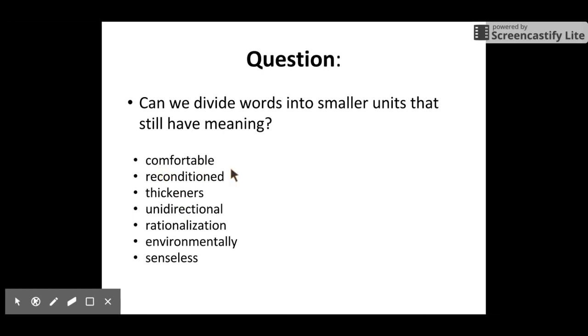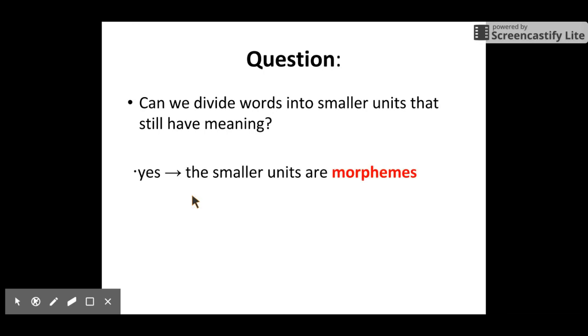We have two units, right? And we have condition, conditioned, and then reconditioned, right? These words can be broken down into several parts, and these smaller units still have their own meanings. The smaller units are called morphemes.